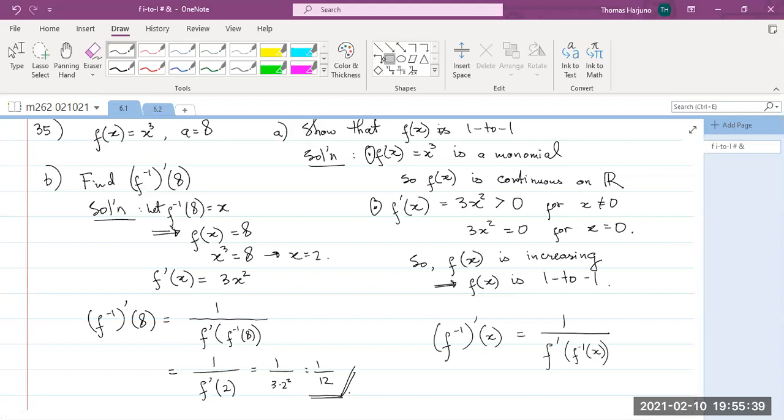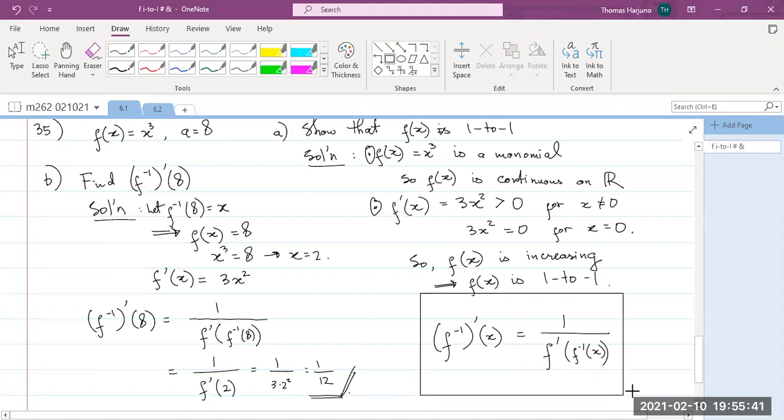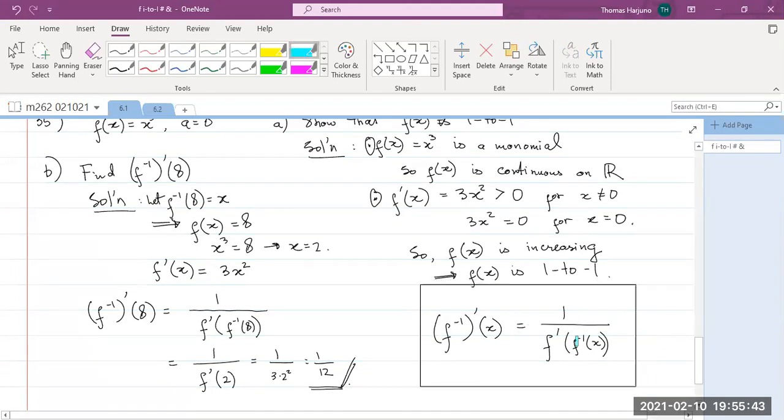That's actually the formula. The way I did it, I did this first, and after that, I found this.